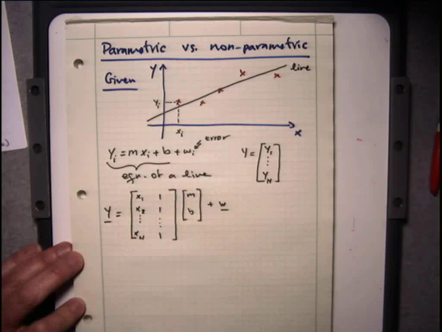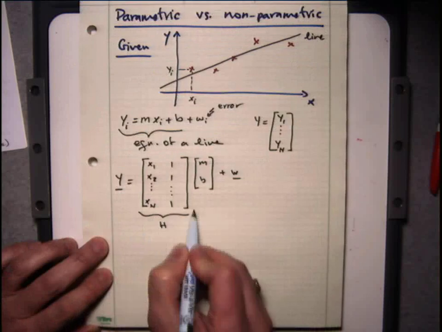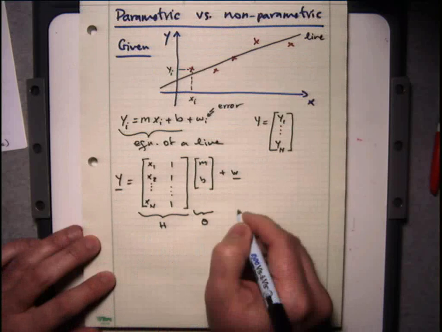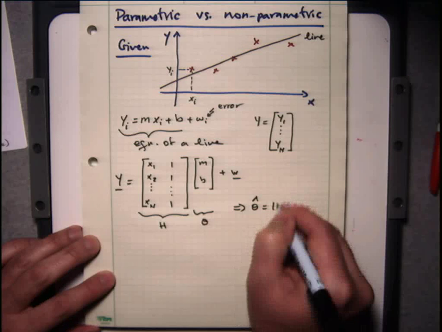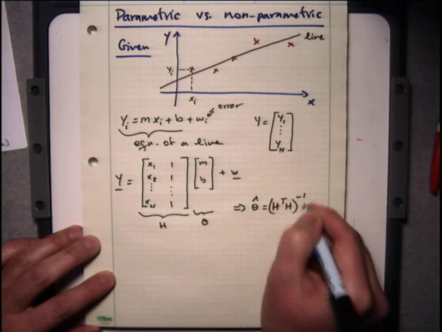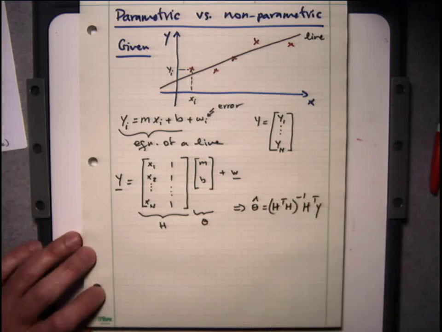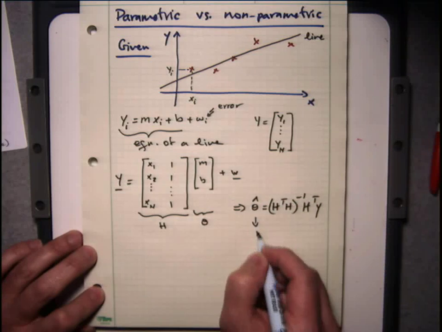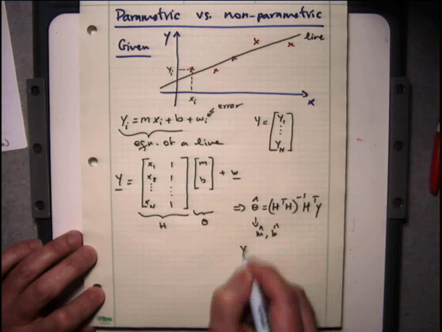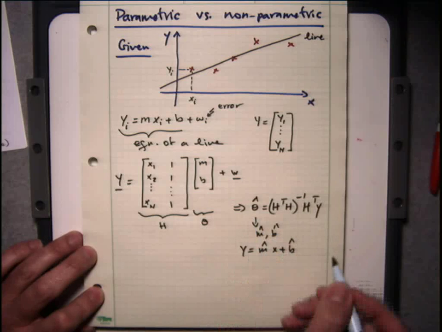Okay? So now I have this H, and this is theta, and I might do least squares. So theta hat would be (H transpose H) inverse H transpose y. Okay? And then these parameters, which are m hat and b hat, they would define a line, y equals m hat x plus b hat. And that's the equation of this line.